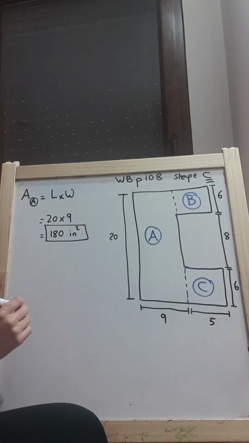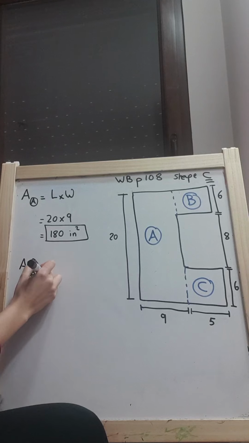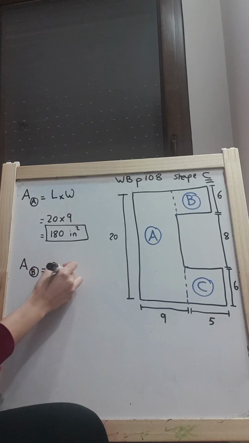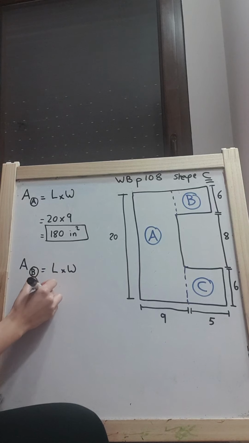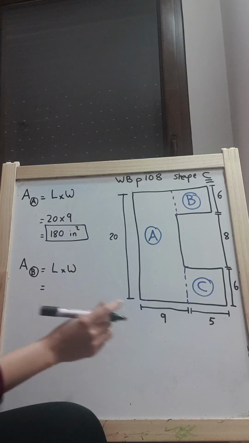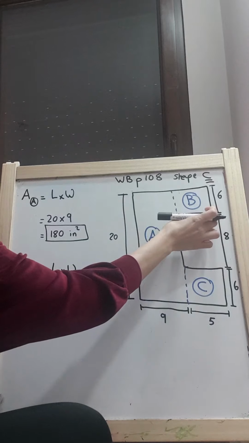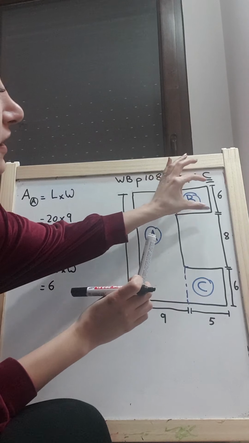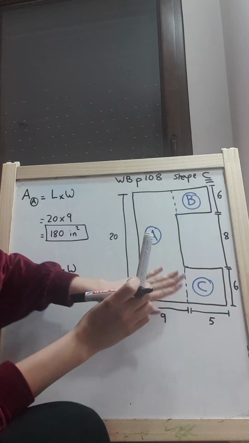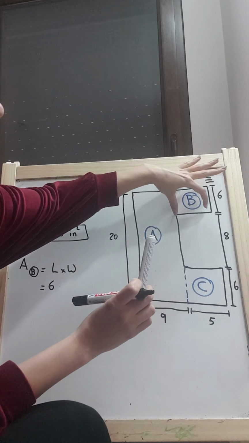Now let's go to area B. Again, the shape is a rectangle, so I write the rule, length times width. The length is 6 and the width, see, I only look at this part and I ignore everything else. This is the length and this is the width.